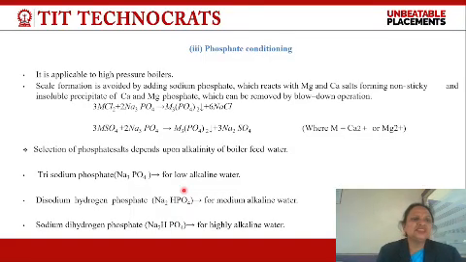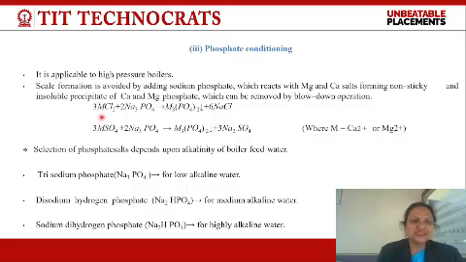In phosphate conditioning, we use phosphate for removing the insoluble particles. In this process, scale formation is avoided by adding sodium phosphate, which reacts with magnesium and calcium salts and forms a non-sticky, non-adhering, insoluble precipitate of calcium phosphate and magnesium phosphate, which can be removed by blowdown operation.